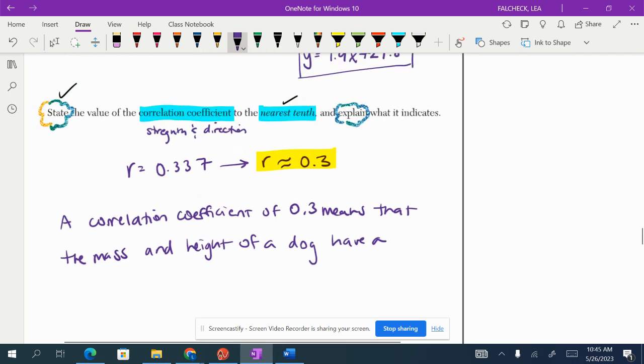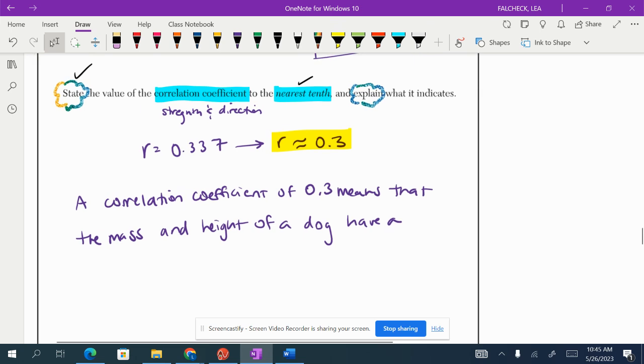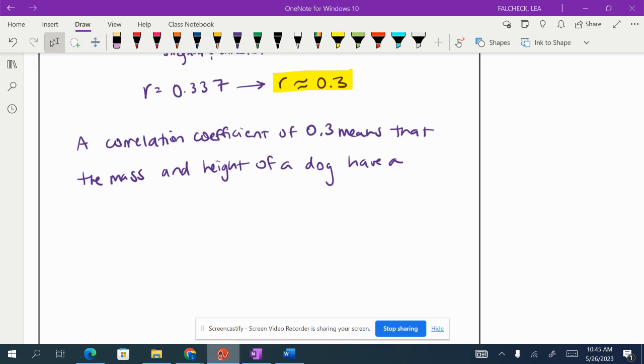and here's where you mention the strength and direction of the correlation. So since r is positive, we would say that it has a positive linear correlation.